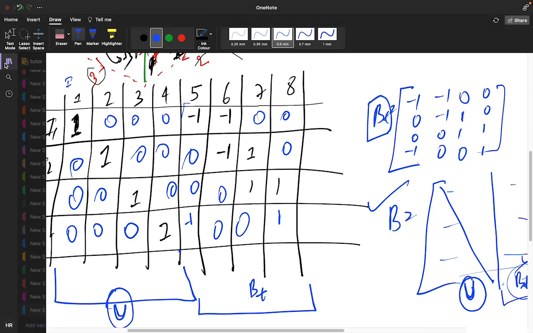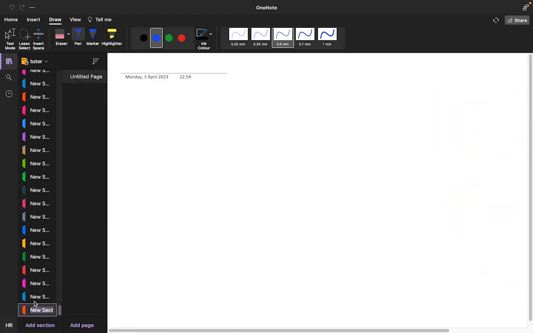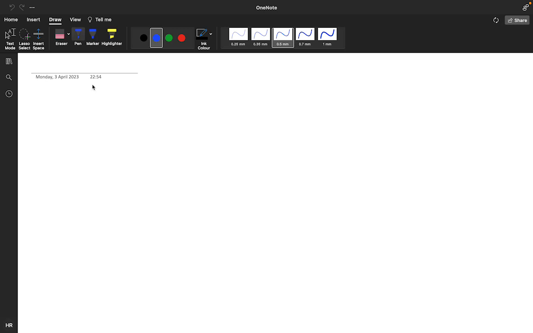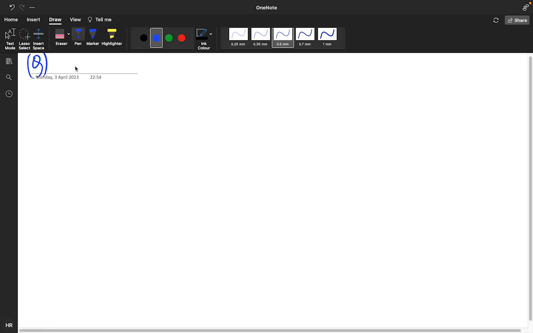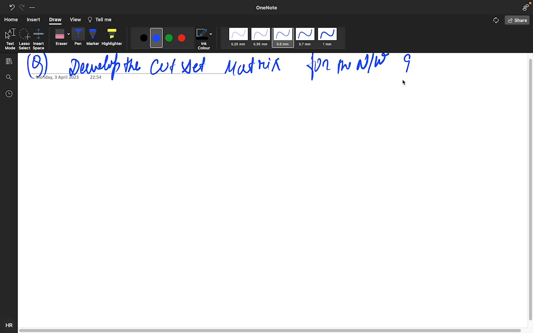So the last topic for graph theory is the cut set matrix. We'll see the cut set matrix. You need to develop the cut set matrix for the network given below. So this is your network.